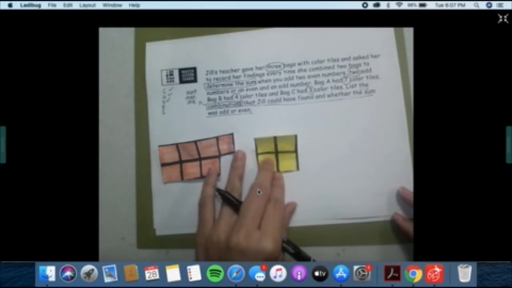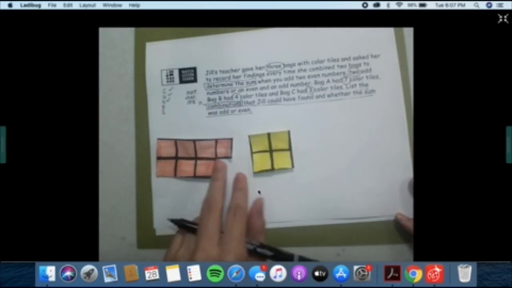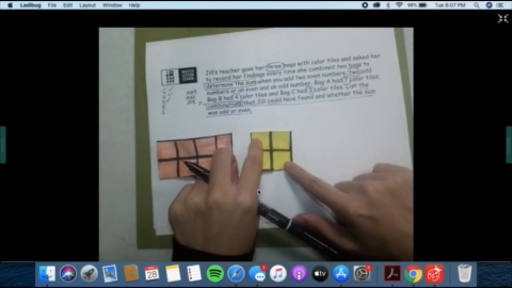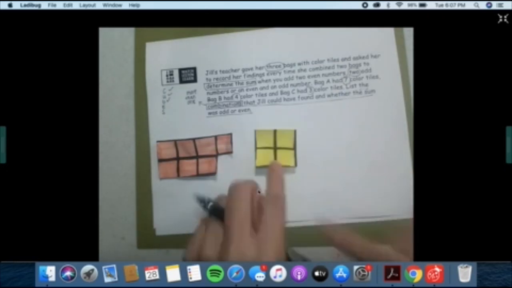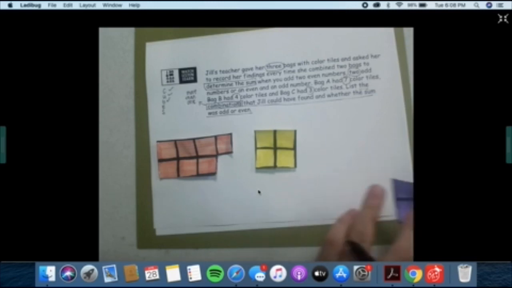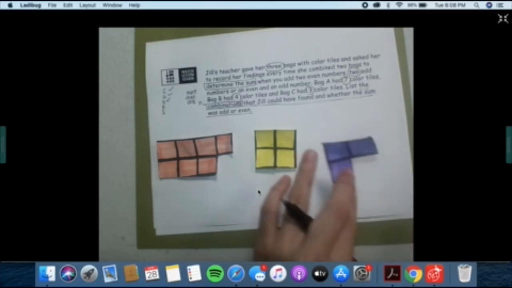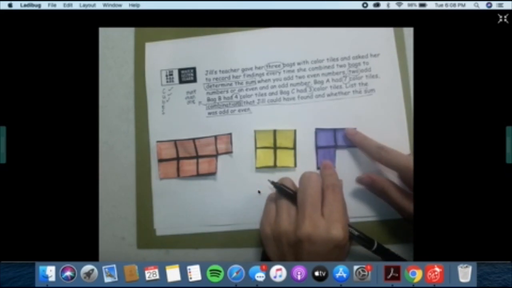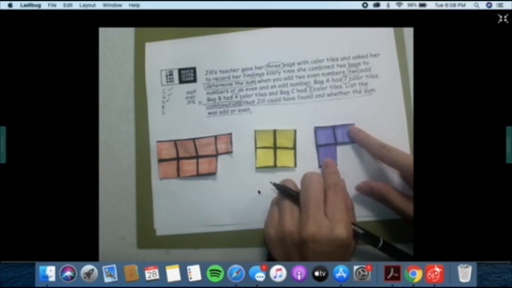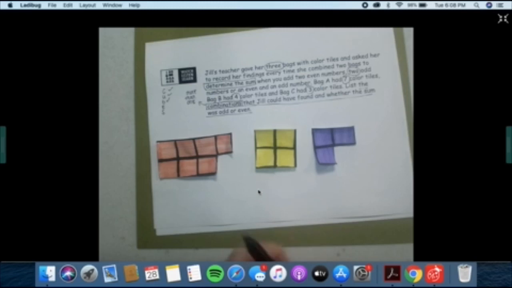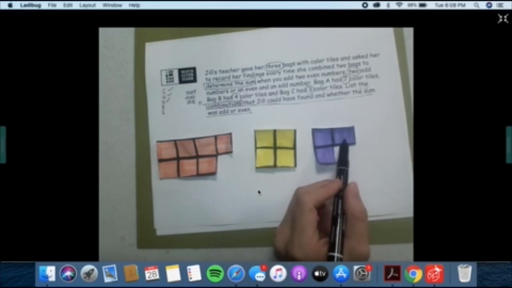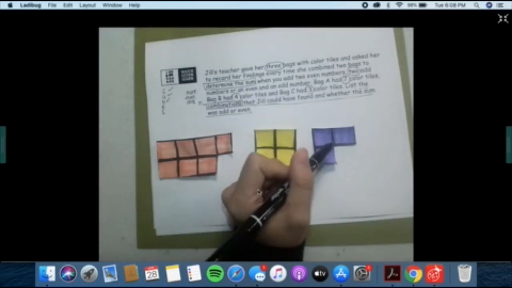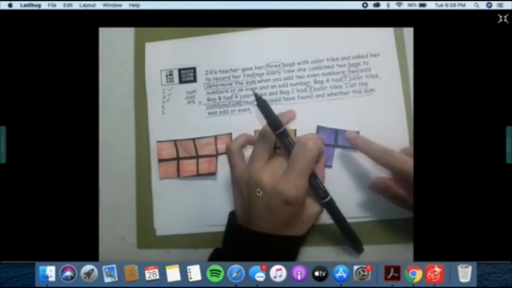Bag B has 4 tiles, and I have yellow tiles, and I know 4 is even because every tile has a pair. And then Bag C has 3 tiles, and this one is purple, and I know 3 is odd because there's one lone tile, and these two are a pair.